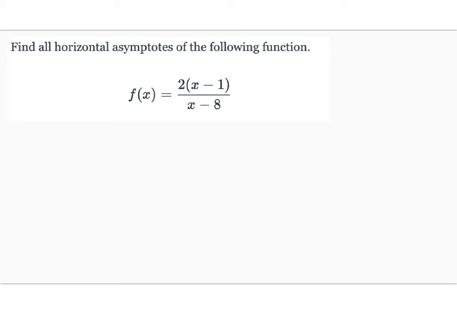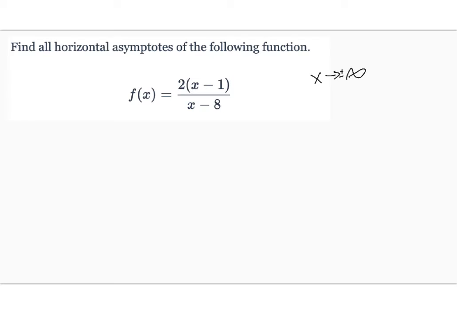Horizontal asymptotes we find quite differently. Horizontal asymptotes are based on the end behavior of a graph. What happens as x approaches infinity or as x approaches negative infinity? One way for us to think about this is what happens to our equation as x gets really, really, really big.